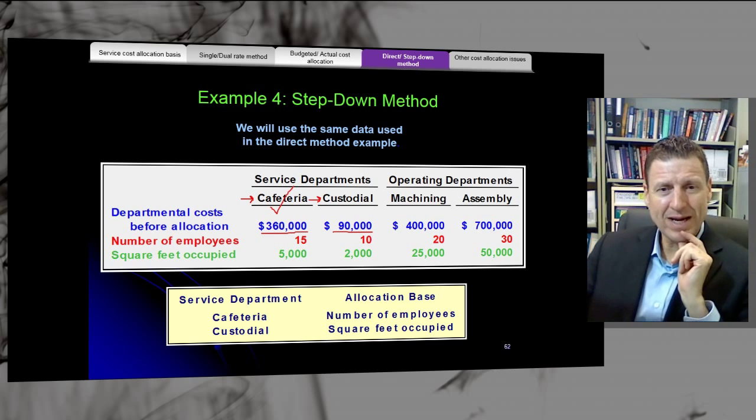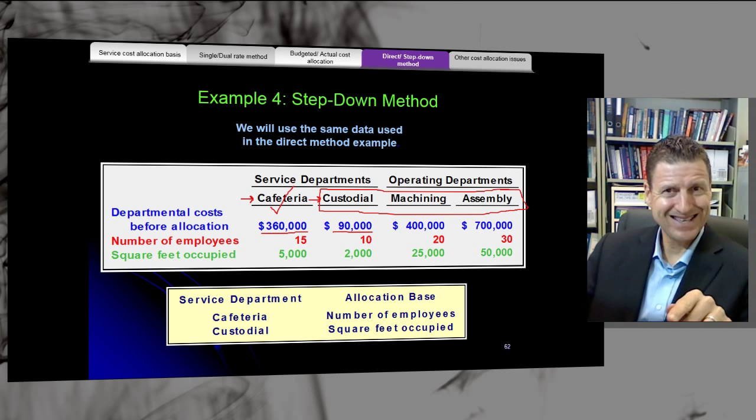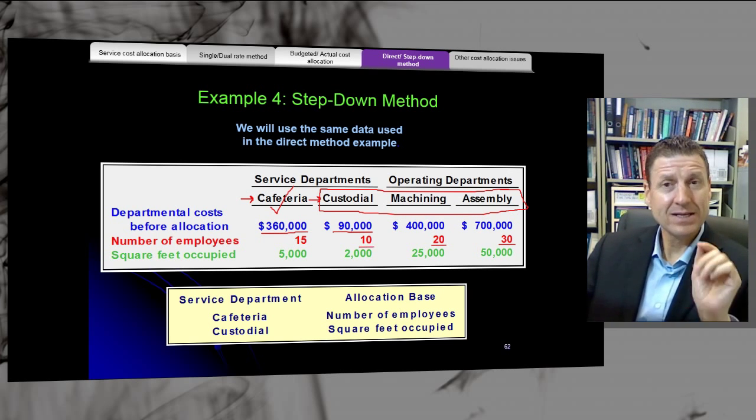Okay, so how are we going to do that? Well, now we are allocating the cafeteria across 3 departments, and that's what we're doing here. So now instead of that 20, 30, 50 employees, now we have 60 employees. And you can work out the percentages, can't you? 1/6, 2/6, and 3/6.